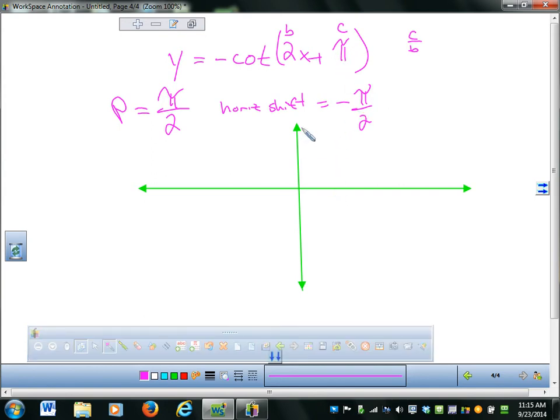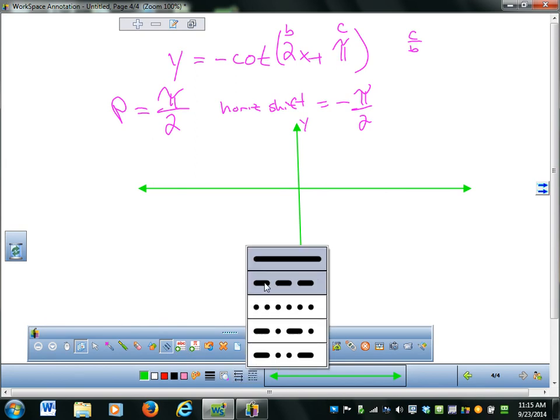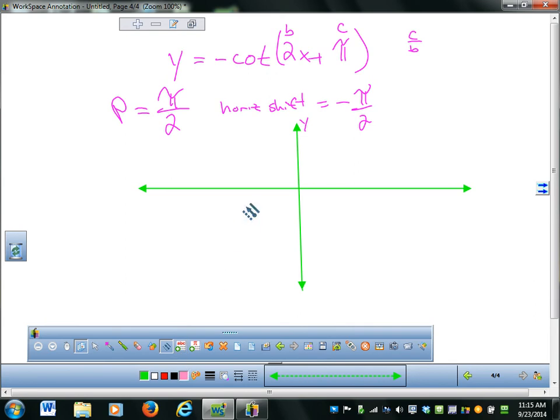Now, since cotangent normally starts at the y-axis, this one is going to start at negative pi over 2 because it shifted left pi over 2 radians. So I'm going to graph an asymptote there at x equals negative pi over 2.